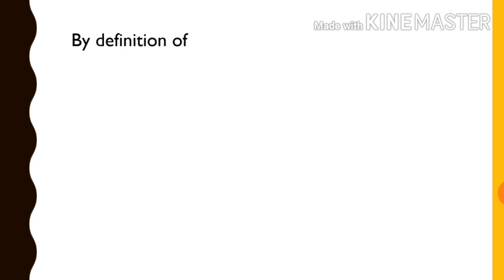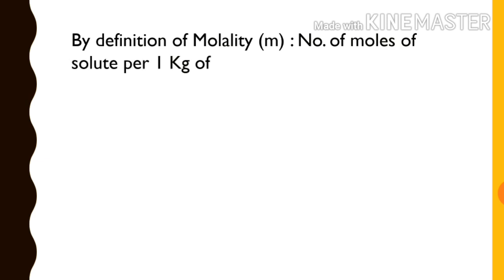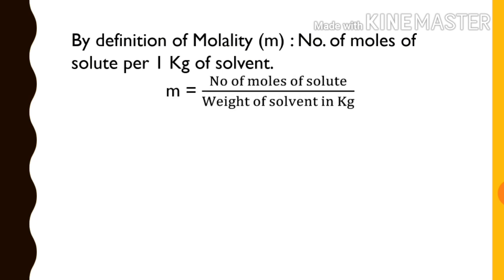Now, molality is always denoted by small m. By definition, it is the number of moles of solute per kg of the solvent. We get the formula: m is equal to the number of moles of solute upon weight of solvent in kg. Therefore, m is equal to n2 upon the weight of solvent in kg, that is W1 upon 1000.